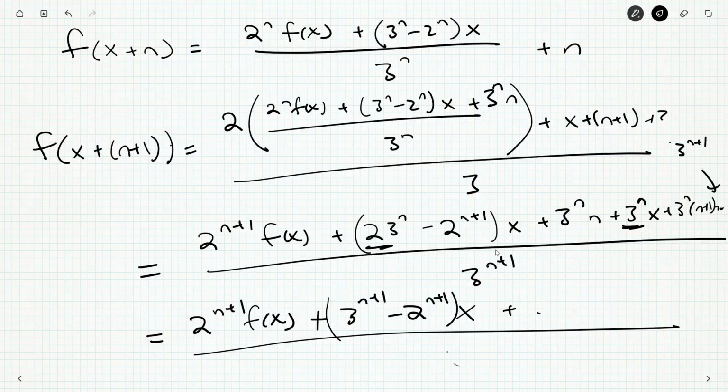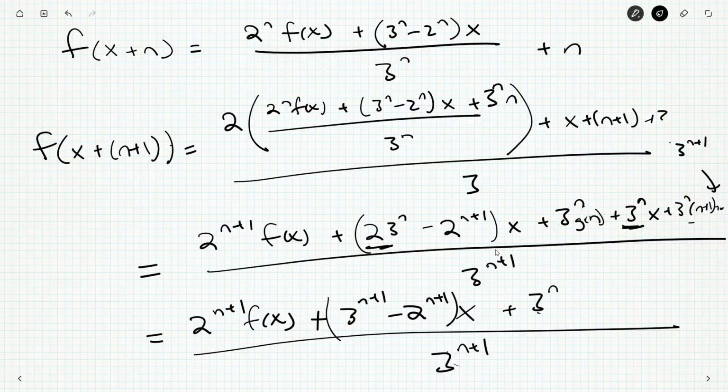So I have 3 to the n times whatever it is. We'll call it g of n. And then 3 to the n g of n plus 1. Now 3 to the n, n plus 1.